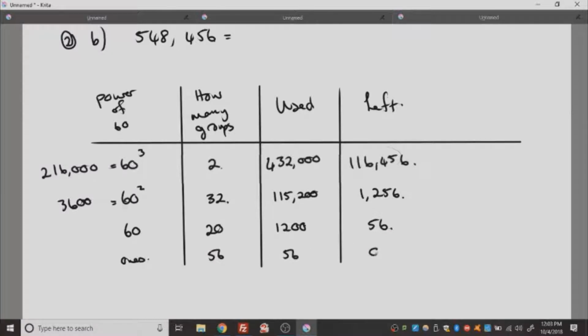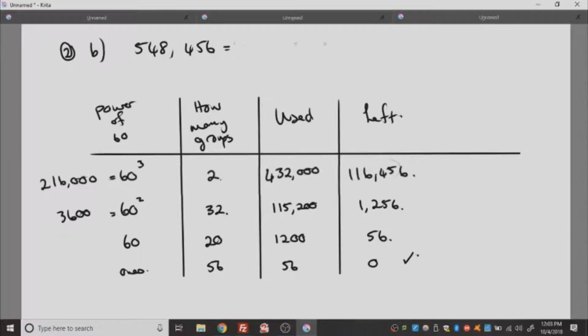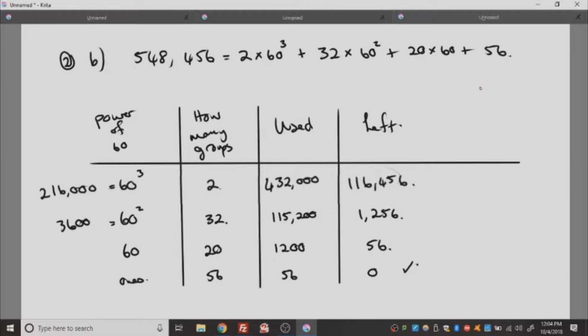Use them all, be done. So I've accounted for all of the 548,456 just in little pieces. So that means that, now you don't have to write this, it just helps in case you make a little mistake in the end. 2 groups of 60 cubed plus 32 groups of 60 squared plus 20 groups of 60 plus 56 left over.